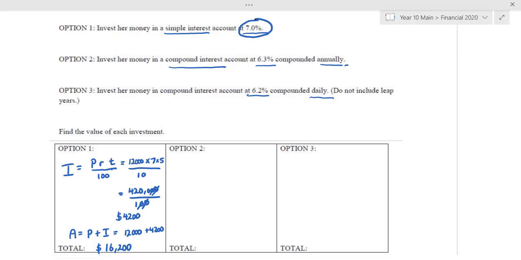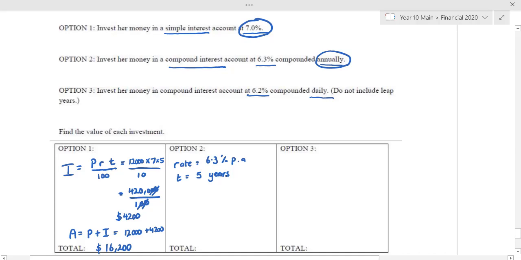Let's look at option 2. So option 2, this time, it says that it's compounded annually, so it's not too bad. So our time period is annually, which means we're looking at our rate per year. Let's write this out, so the rate is 6.3% per annum. And the time is equal to 5 years.